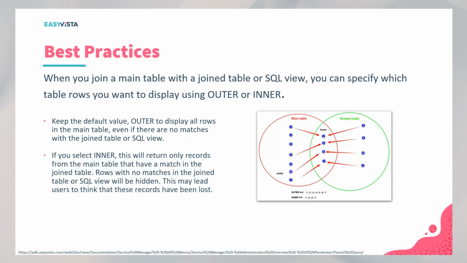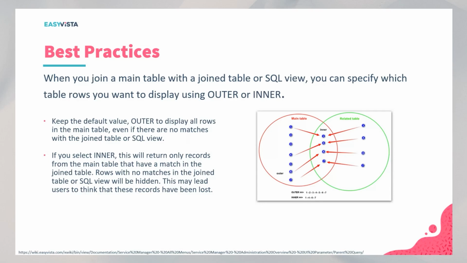Now, when we're adding tables to our parent query, what we're really doing is creating SQL joins in the background. And we see this default. This is taken out of our wiki, and you also see a little warning message when you're creating these joins or adding these tables, because you have the ability to select an outer join or an inner join.